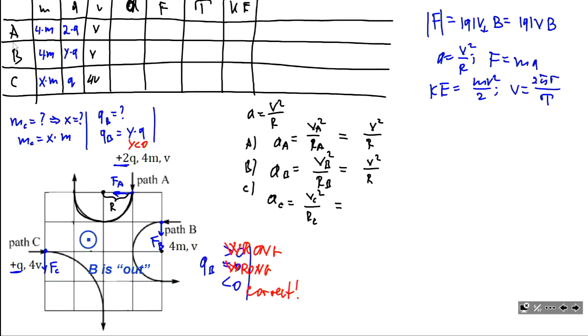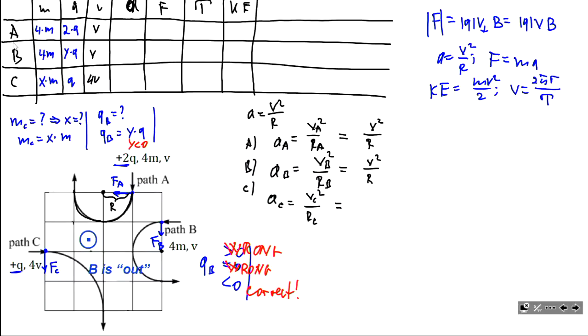Well, actually, you see, it will immediately tell us the charge of a particle B. If you look at particle A and particle B, same mass, same speed, same magnetic field. Okay.